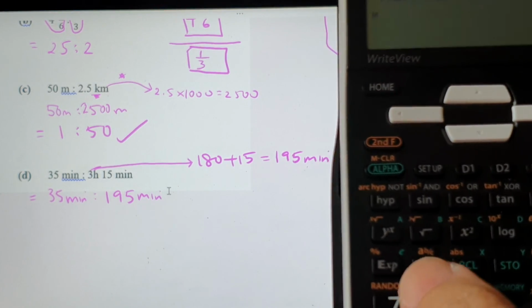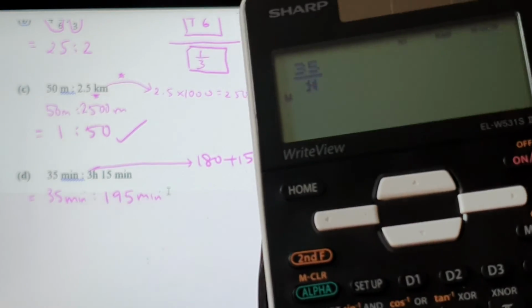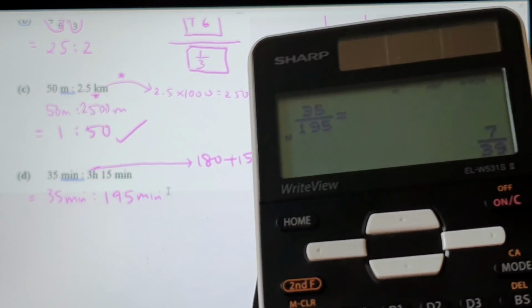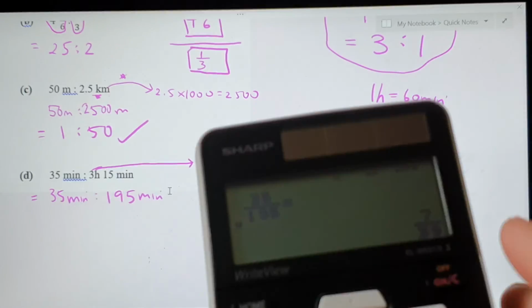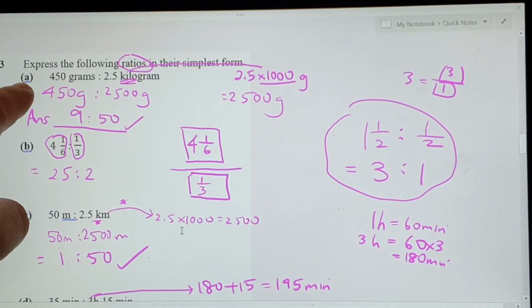Then you press 35 over 195. You get 7 over 39, right? Don't write 7 over 39 because they want ratio. You write 7:39. Finish. Okay, so this is what it means by ratio.